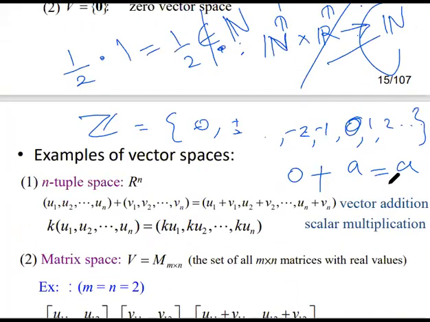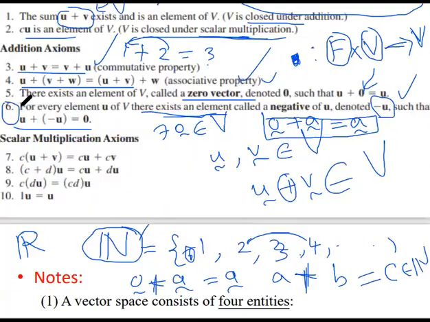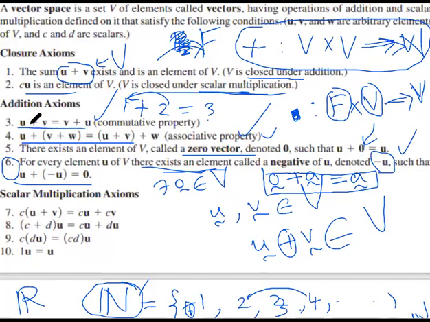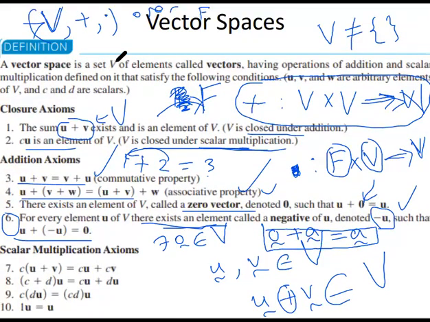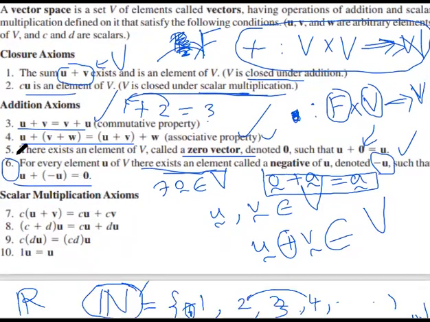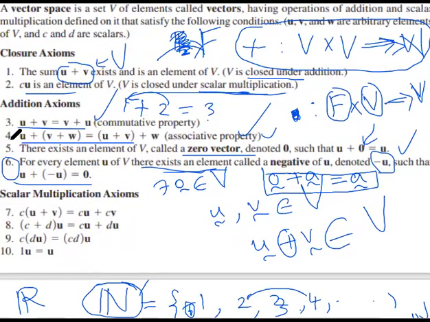This one is true. So now go to the next. These are addition axioms, performed between V and itself. So you had to check all these four conditions.